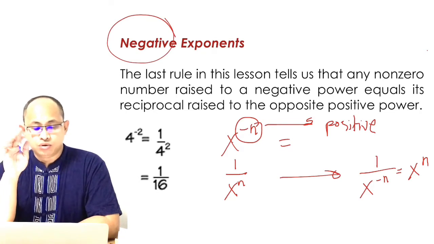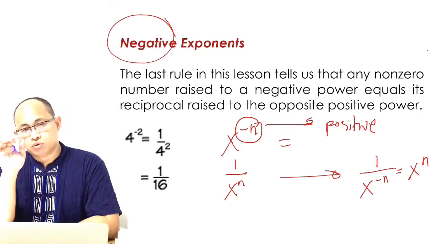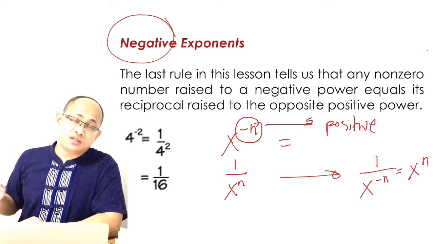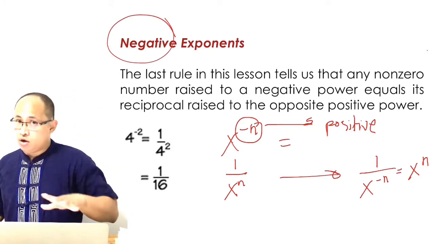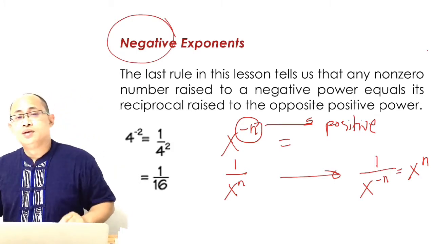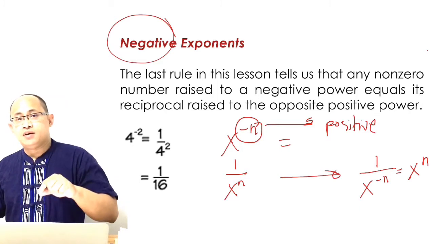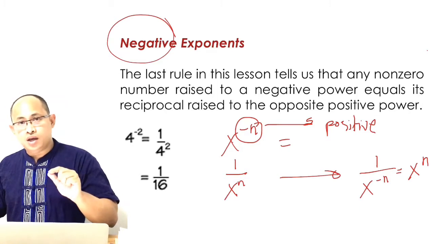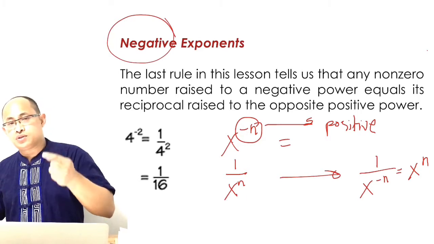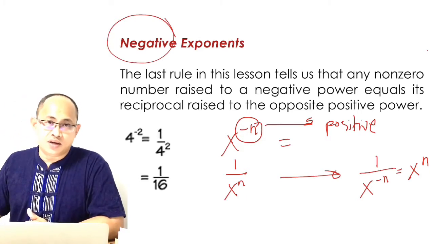Next is the quotient rule, that's the fourth one. The fifth one is the zero rule. And the sixth one is the negative exponent. So remember all those 6 rules of exponent so that you will be able to simplify any equations or any expressions that are raised to a certain power or index.